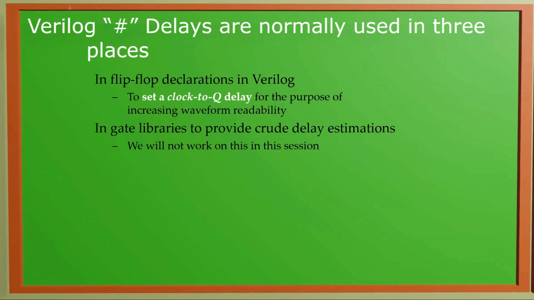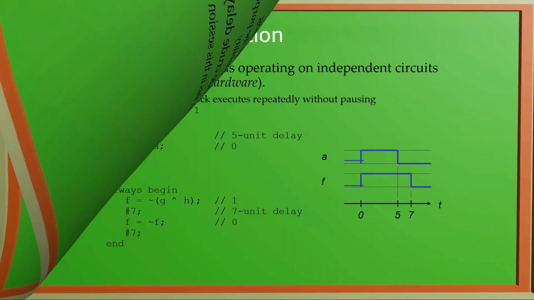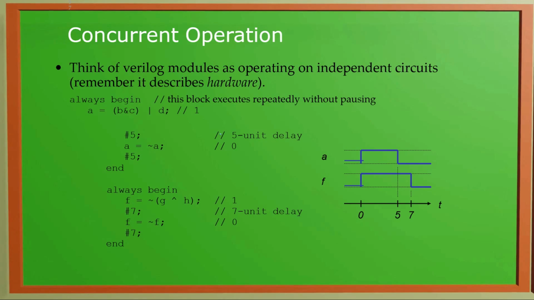So these hashes we use to give delays, to set the clock to the Q at the output part. In concurrent operation also we can give delay. Suppose we have some instruction, a 1 unit instruction, and we will get some output.